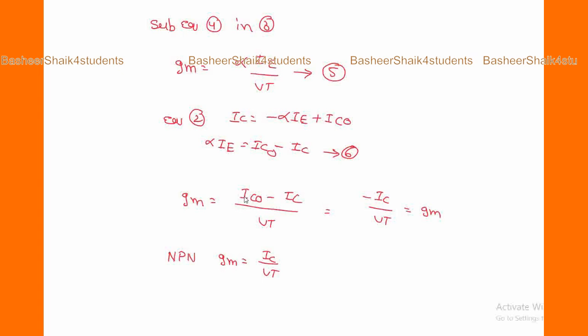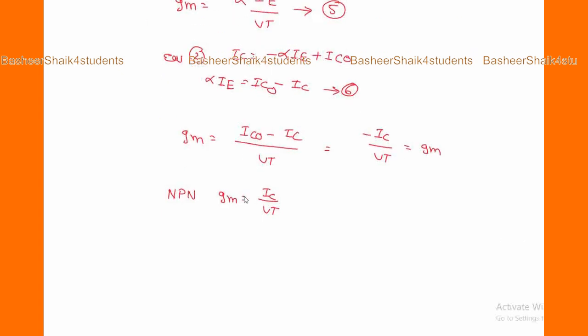So that in a generic form, we write the transconductance Gm as IC by Vt, but we are taking the mod of the IC, because the value of the IC is going to be negative or positive based on the corresponding type of the transistor. So this is the corresponding equation for the transconductance.